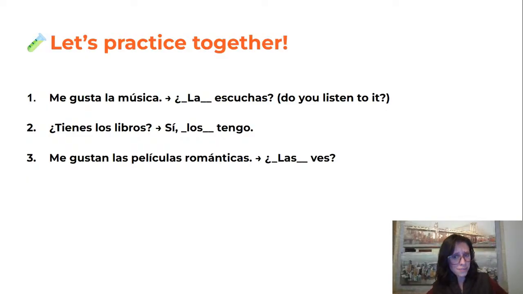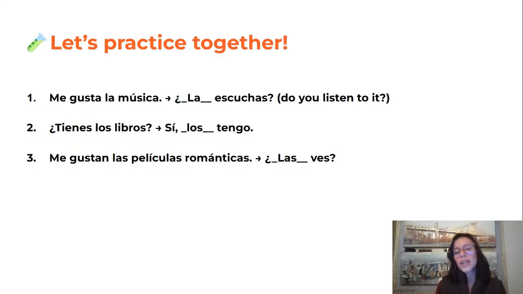Las ves? But let's suppose that we are asking this person, do you like romantic movies? In this case, we won't use direct object pronoun, because we will be using the verb gustar, conjugated. So it is not necessary to use gustar and direct object pronouns in the same sentence.